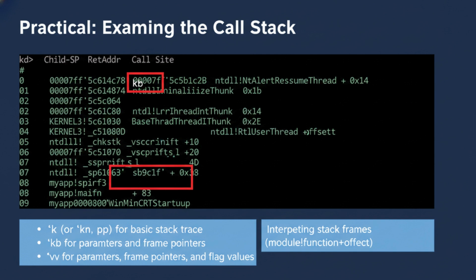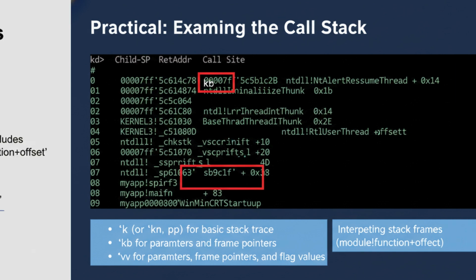For a more detailed view, KB, which stands for kernel stack backtrace but is commonly used for user mode too, is often preferred, as it displays parameters passed to each function and the frame pointers. If you need even more verbose information, including flag values, KV is the command to use. When you execute one of these commands, WinDbg will output a list of stack frames, each representing a function call. Understanding how to interpret this output is critical, and we'll dive into that next.